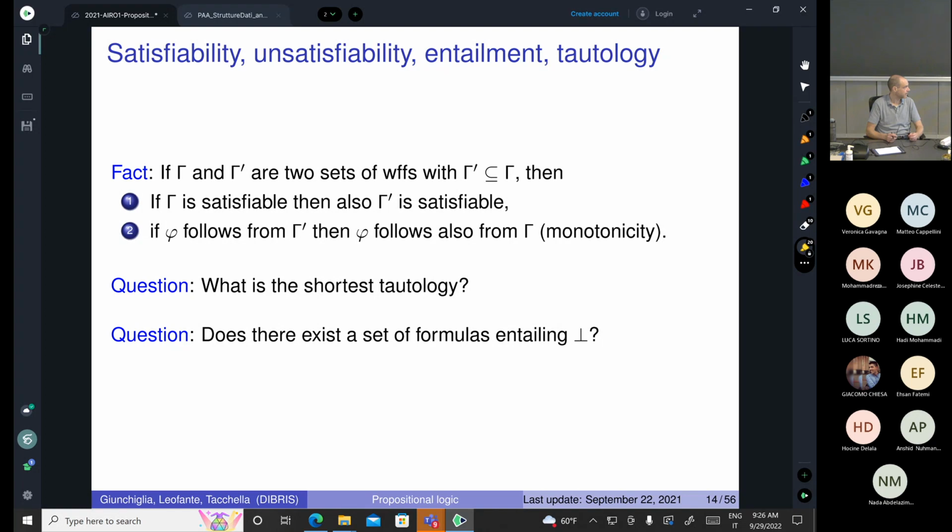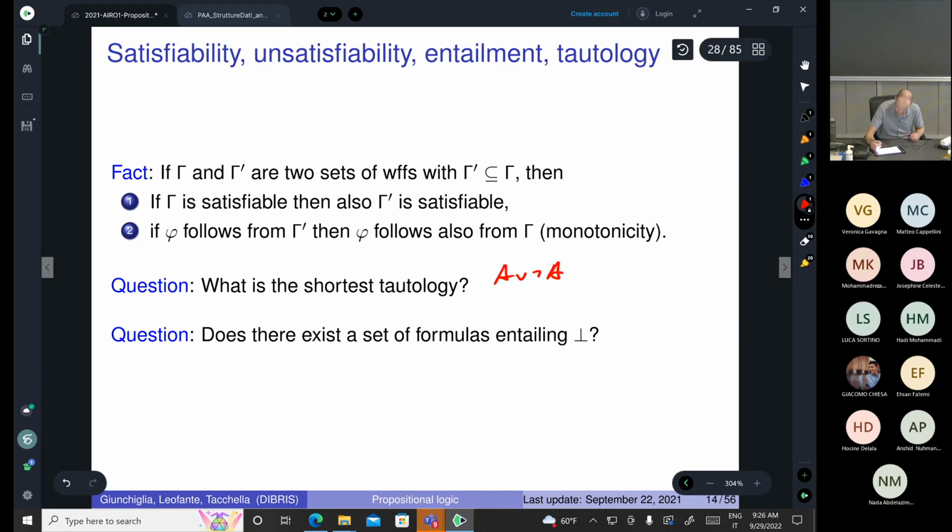And here, the answer is that with the connectives that we defined, it could be this. But since we have the connective, material implication, you can shorten this even more. So this is 4 symbols.